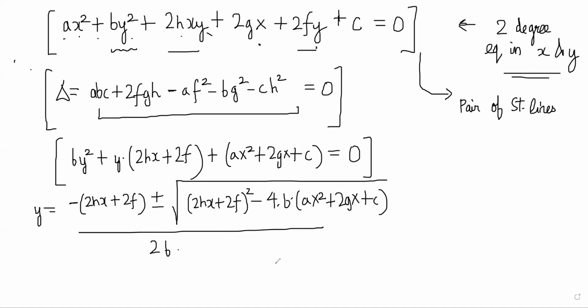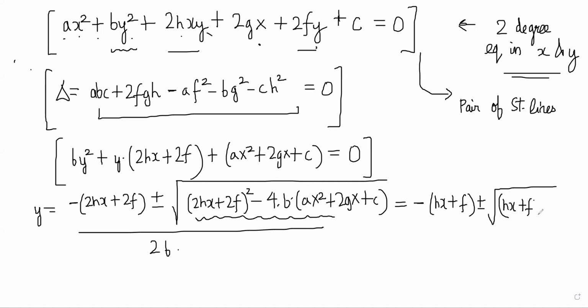Now the quantity inside the root, you can take a 4 outside and 2 will come out and 2 will cancel everywhere. You will get minus of hx plus f plus minus root over hx plus f whole square minus b times ax square plus 2gx plus c, the whole thing divided by b.